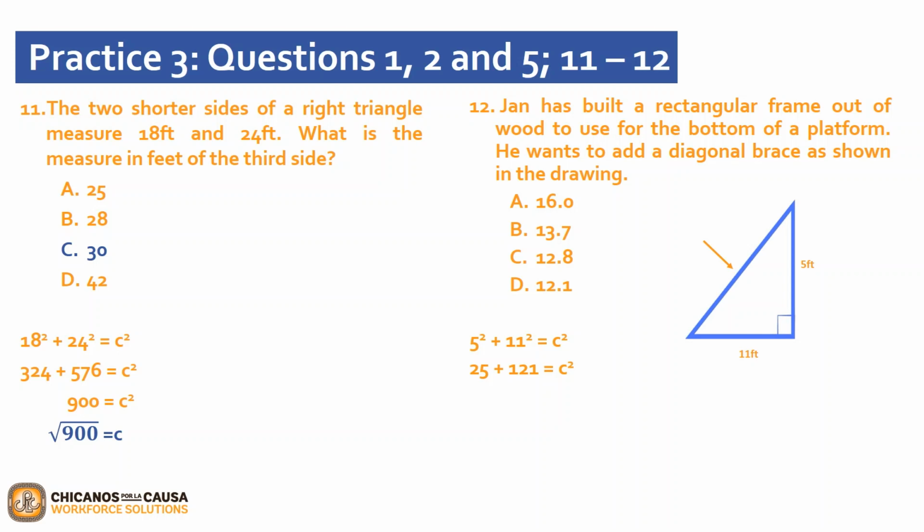Simplified even more, we have 146 equals c squared. But we need to find the square root of 146 in order to find the measurement in feet of the hypotenuse or the diagonal brace. In this case, the square root of 146 yields a result of D, 12.1 feet.